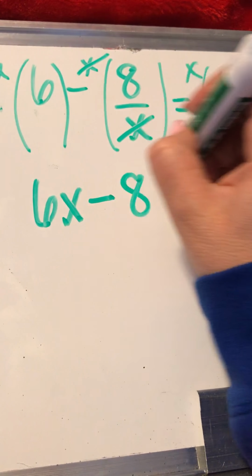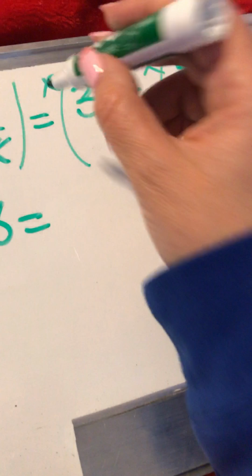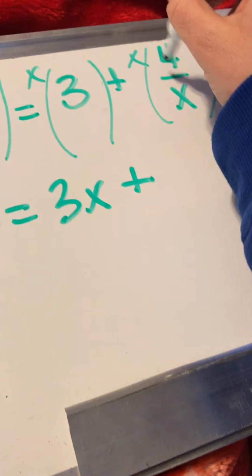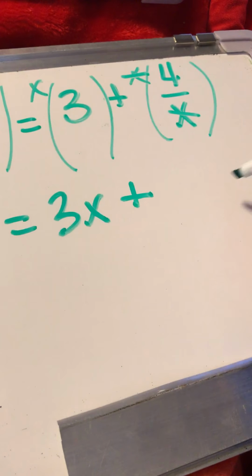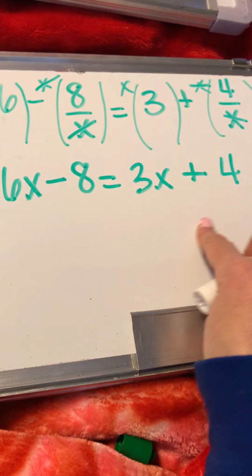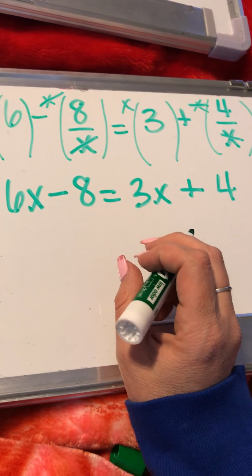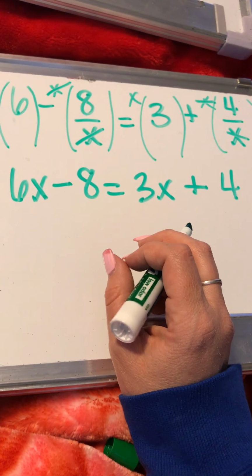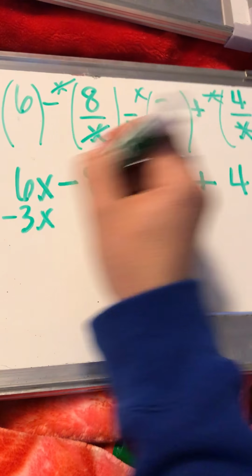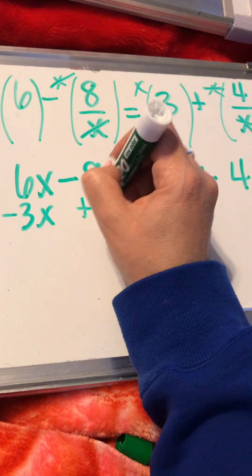So we just have minus 8 equals 3 times x, 3x, plus, and then these ones again cancel out, so plus 4. Now we have a much simpler equation to solve. Remember, we're just solving for the variable of x. So why don't we subtract the 3x over here and then add 8.